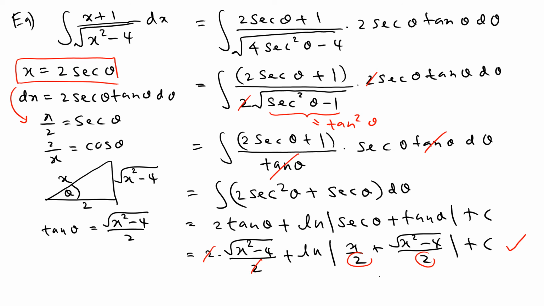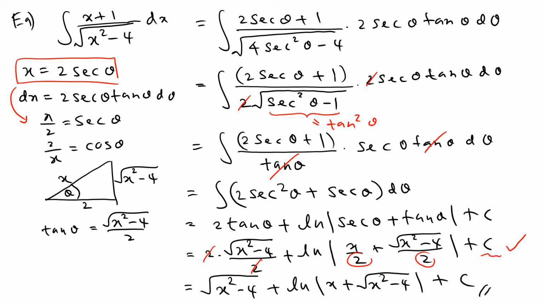That means you can write this as a log difference. Then you get a ln2 subtracted. That ln2 you can combine with the c as a constant. So finally you can write this answer as the square root of x squared minus 4 plus ln of x plus the square root of x squared minus 4, plus c.